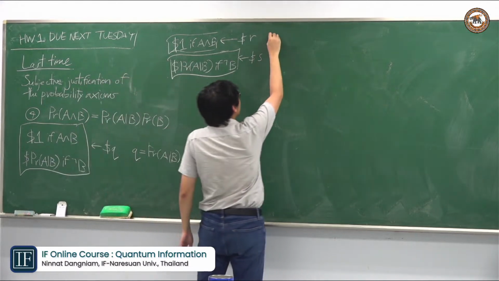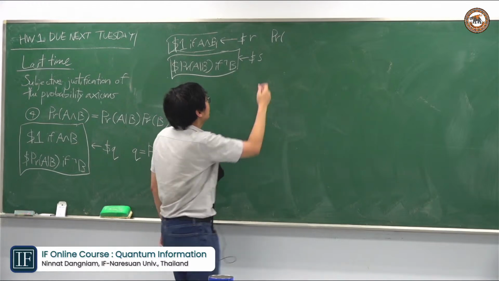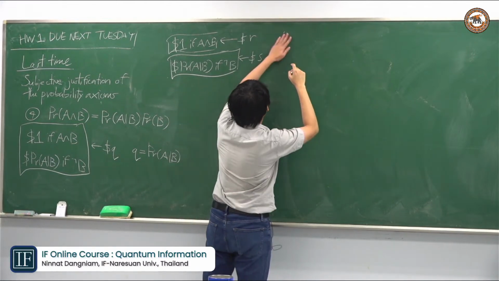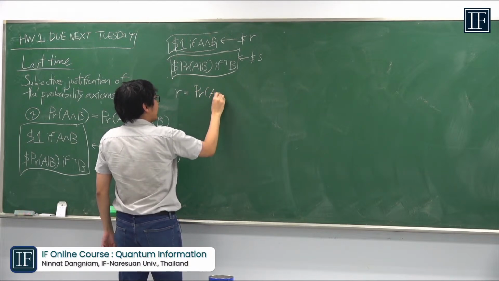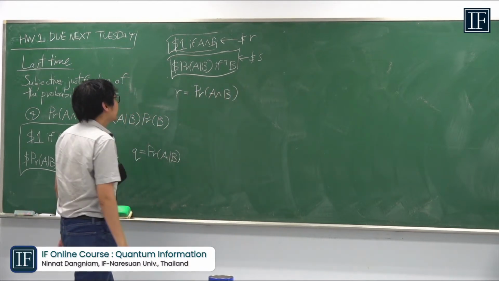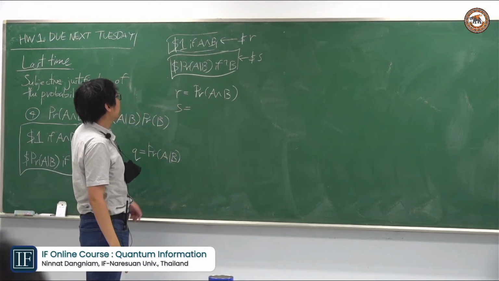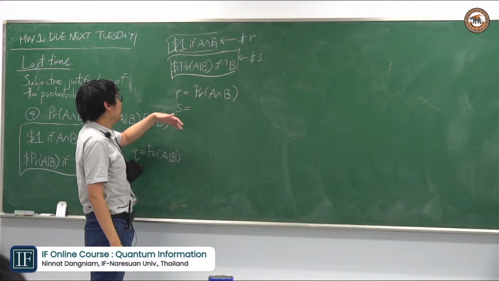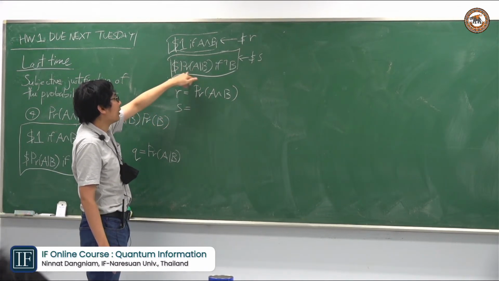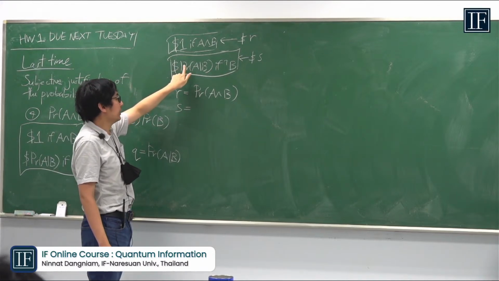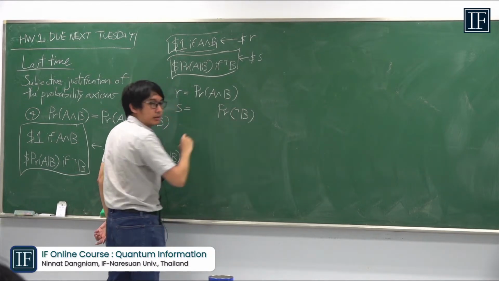From what we previously discussed, this R should just be the joint probability, right? And then the S, if the value of this amount of money is just 1, then it would just be the probability that B is not true, right?